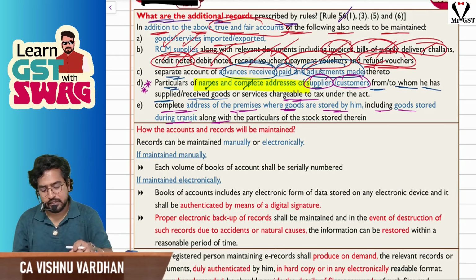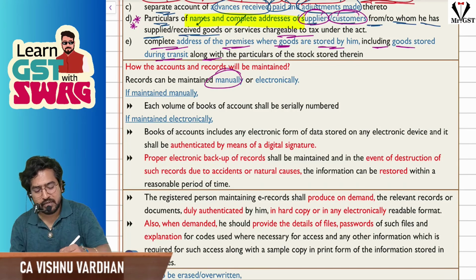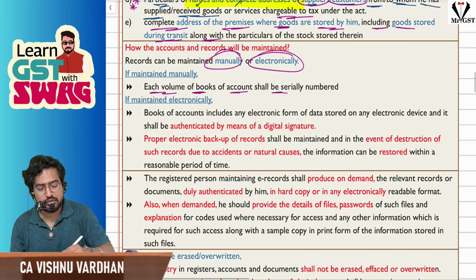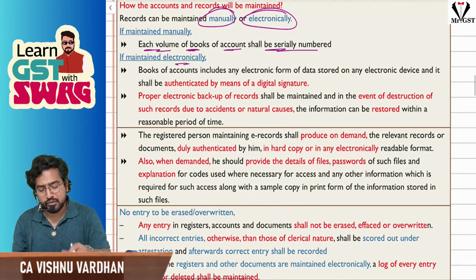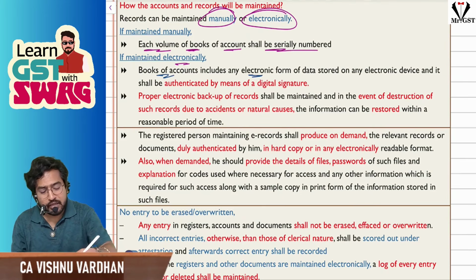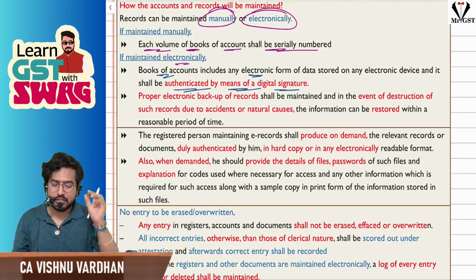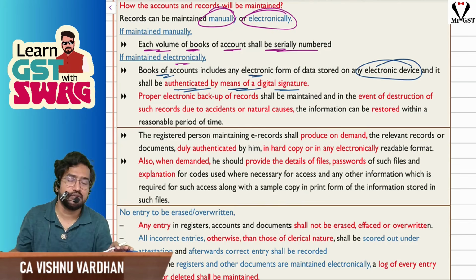Next, how will the accounts and records be maintained? They will be maintained either manually or electronically. If they are maintained manually, each volume of book of accounts should be serially numbered. If they are maintained electronically, they should maintain the books in electronic form in such a way that it is authenticated by means of digital signature.